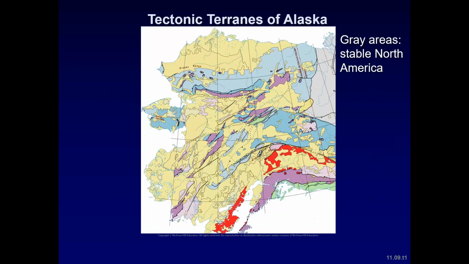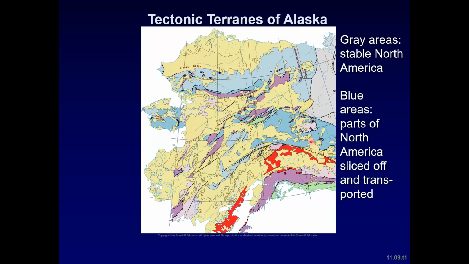And I mentioned Alaska. This is what we see. The gray areas are considered to be the stable North American continent. And then there's Alaska. It's composed of numerous terrains. This area in red is interpreted to have originated as one or more island arcs during the late Paleozoic and early Mesozoic.